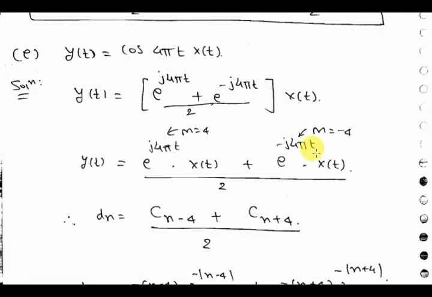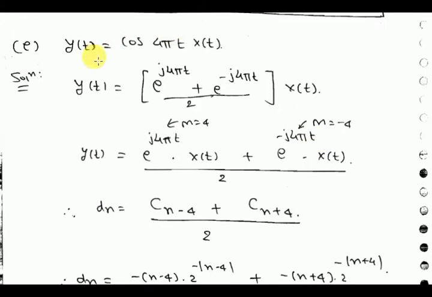Next question is y of t equal to cos 4 pi t times x of t. First write cos in terms of exponential terms. As we know, when a complex exponential is multiplied in one domain, the independent variable is shifted in the other domain. Here, an exponential term is multiplied in the time domain, so in the frequency domain the frequency will be shifted.